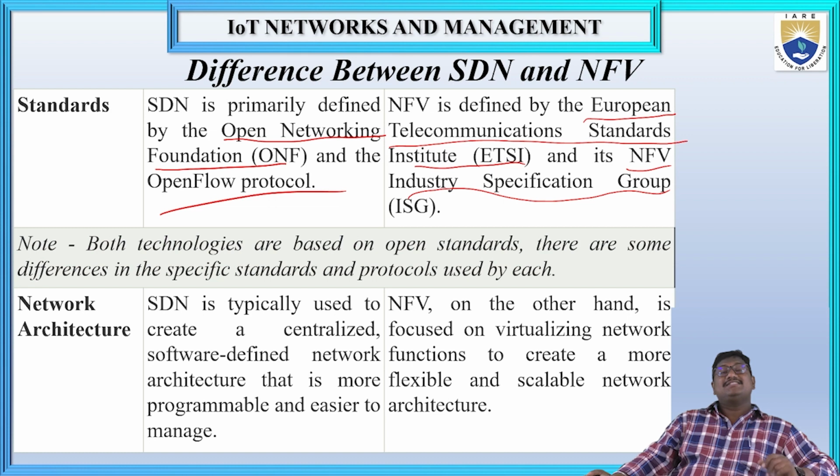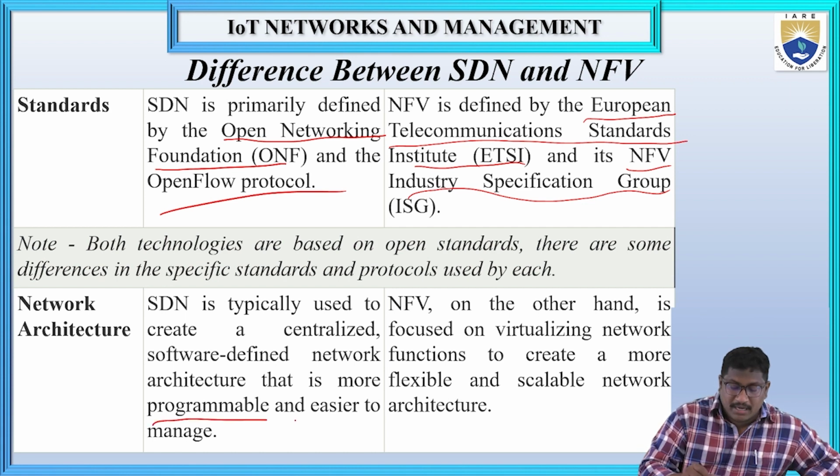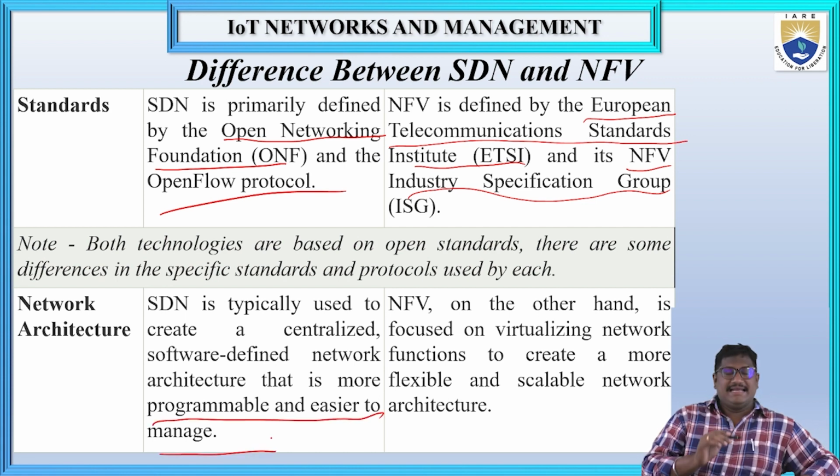And coming to the next scenario, network architecture, and how this particular aspect is different for SDN and NFV. In SDN, it was a typically designed network architecture. Why? Because it is used to create a centralized SDN architecture, which is more programmable and easier to manage.